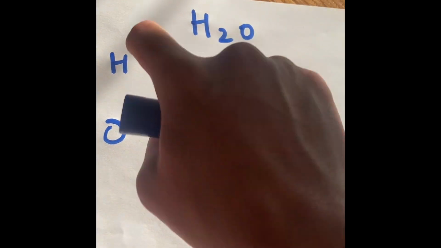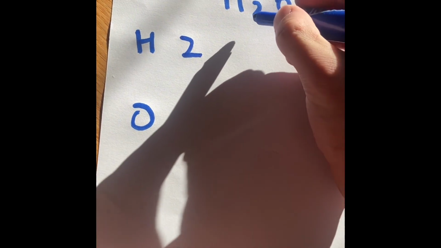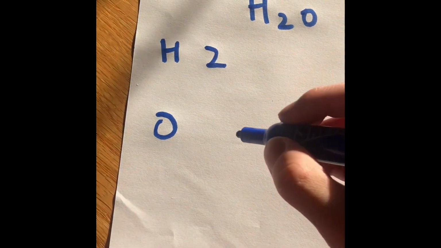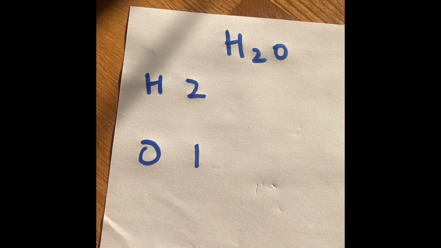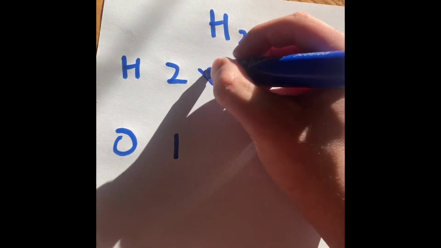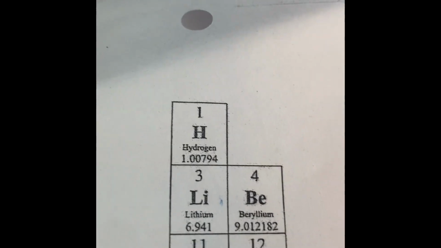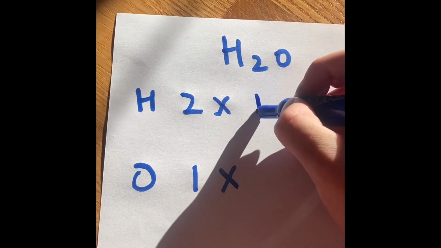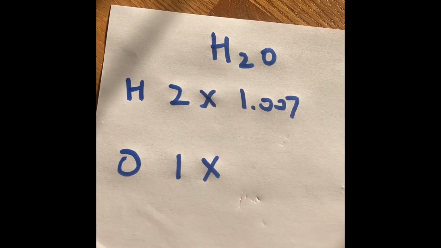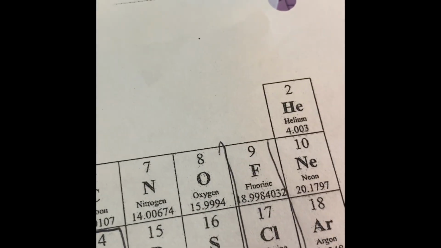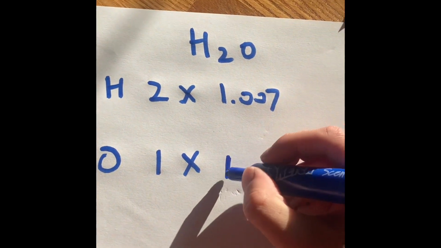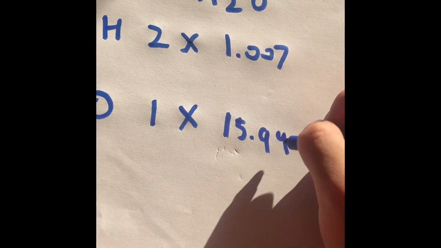We have hydrogen and oxygen. Hydrogen is going to have 2 because there are 2 hydrogen atoms in water, and oxygen only has 1. Now we have to multiply by the atomic masses of the elements. For hydrogen, it's 1.007, so we do 2 times 1.007, which gives 2.014.